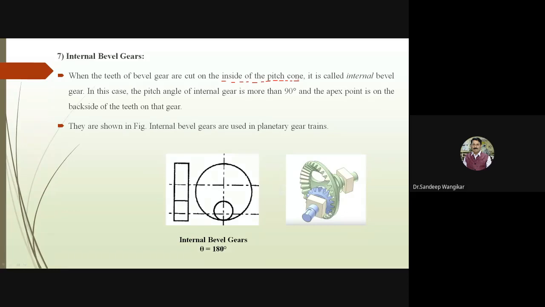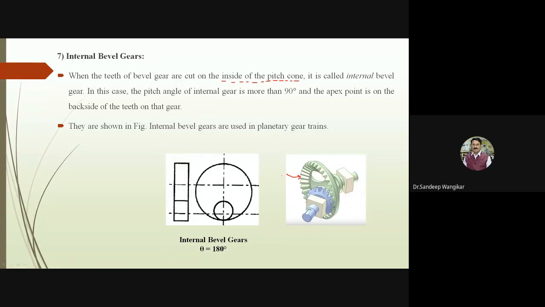For a better understanding, you can refer to the second figure taken from internet sources. Here you can see the teeth are cut on the inside of the pitch cone. In this case, the pitch angle of the gear is more than 90 degrees, and the apex point is on the backside of the teeth of the gear.